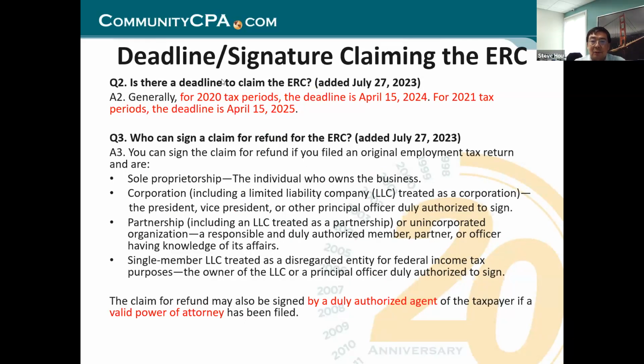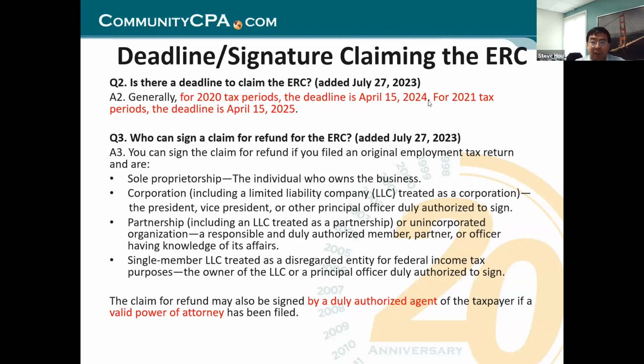The IRS also draws people's attention to a couple of details when you fill out the claim forms. The first one is about the deadline. The IRS has clarified that the deadline for the 2020 ERC, no matter which quarter in 2020, is April 15 of 2024.